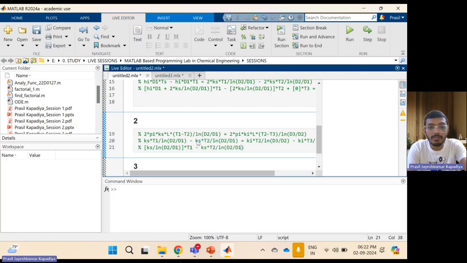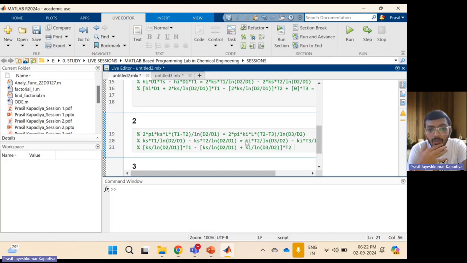So this first term where coefficient is T2, and this term, if I keep minus on outer side, so it will be plus this term. Okay, and its coefficient is T2. Correct?